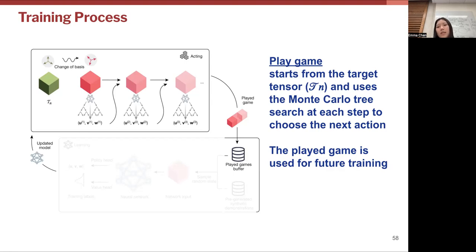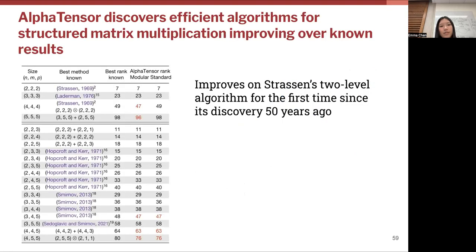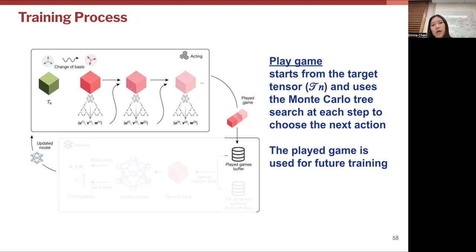When the game ends, the played game itself becomes training data to train the model in the future. So this is the reinforcement learning part of AlphaTensor.